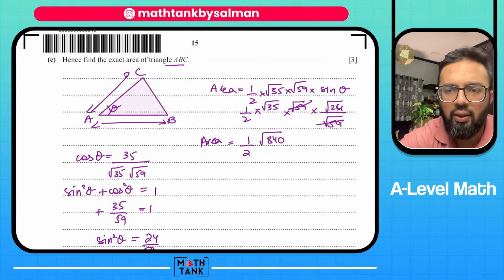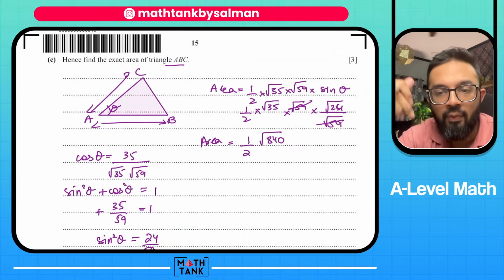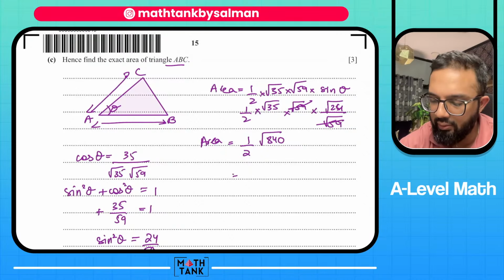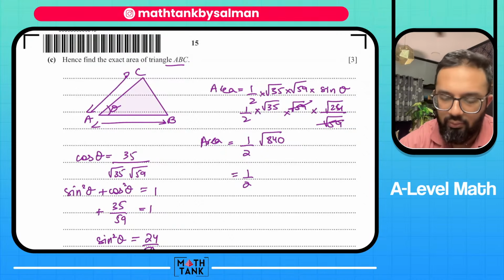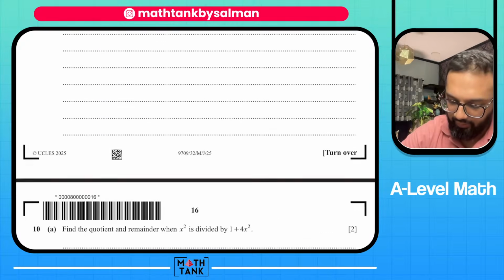I can leave it like that, or I can factor out something. That is also fine, but adding something common, this is going to be 2 root 210. Okay, that was question number 9.